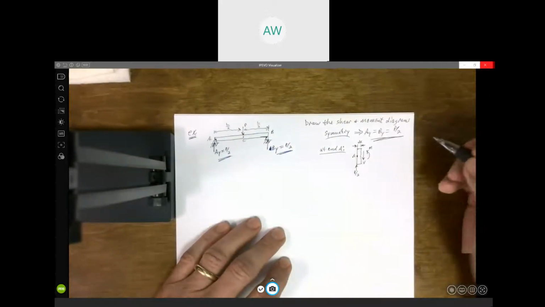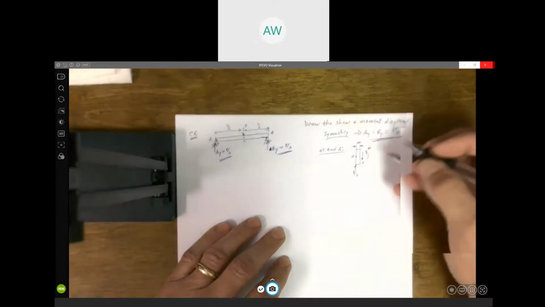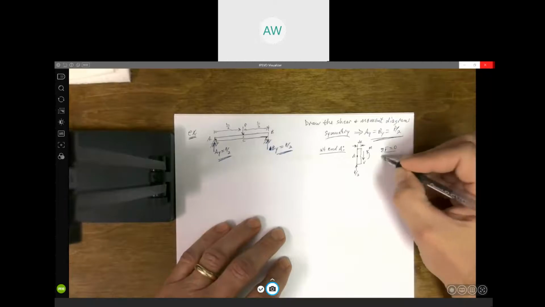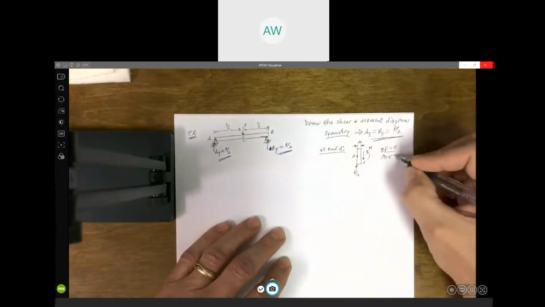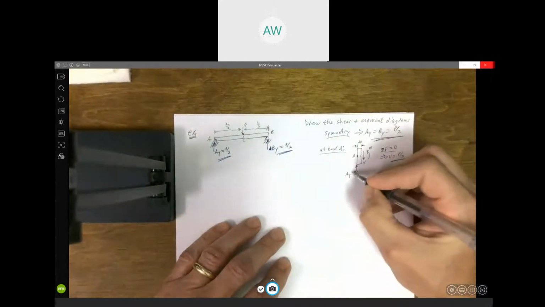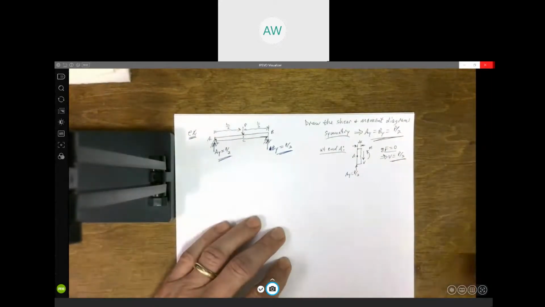Well, I know the sum of the forces equals 0. So I know the shear force here has got to be equal to whatever that support reaction is. This is AY. Always.